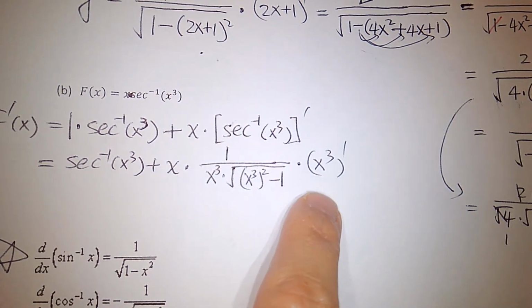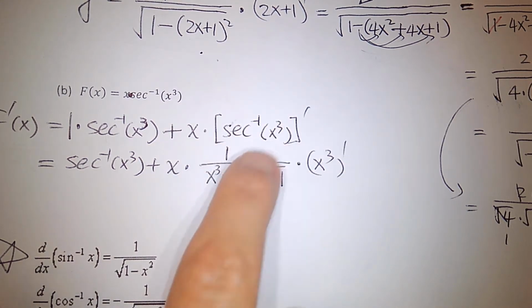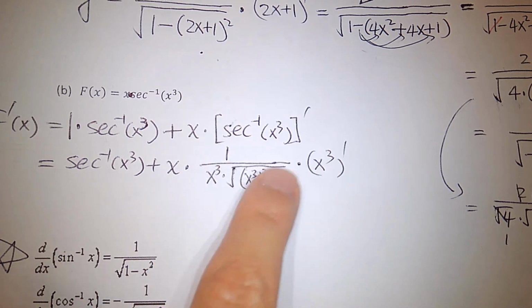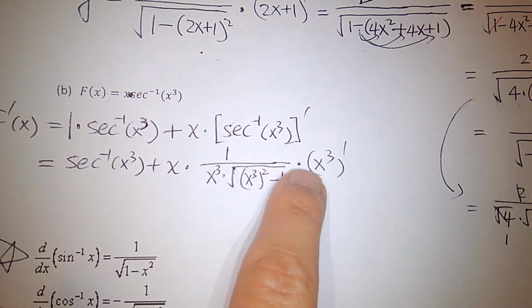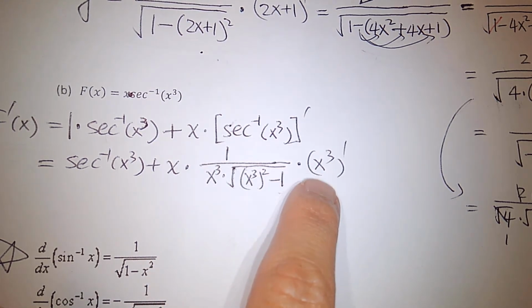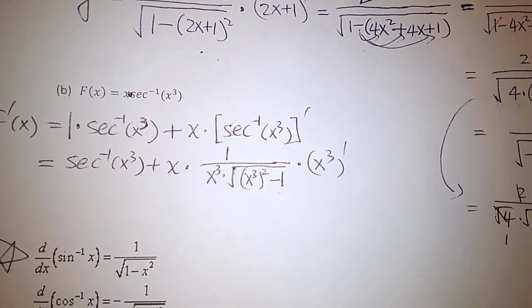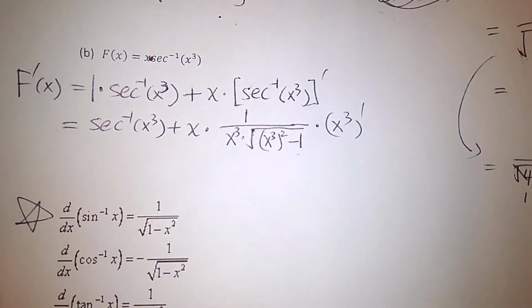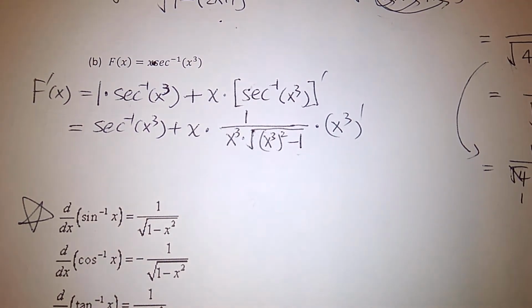The derivative is 1 over x cubed square root of x cubed squared minus 1, and don't forget to multiply by x cubed's derivative. This is a tricky one.